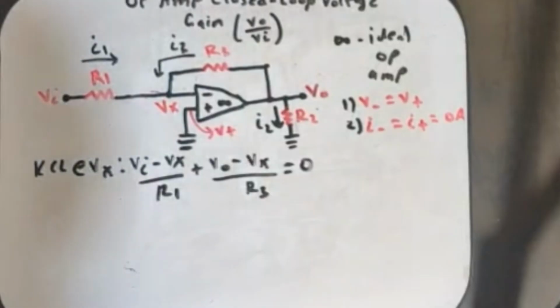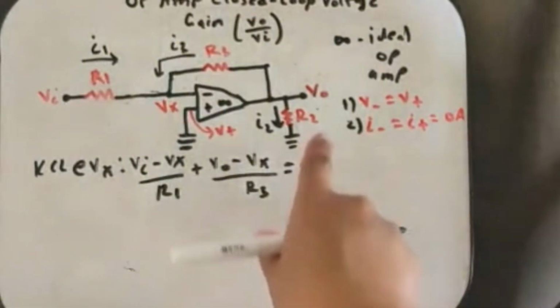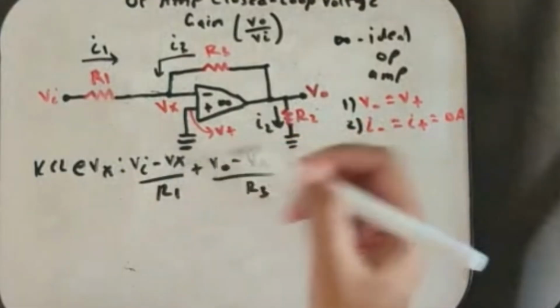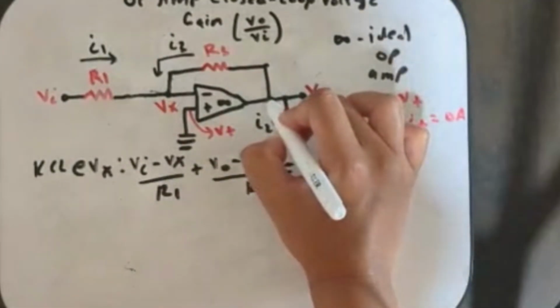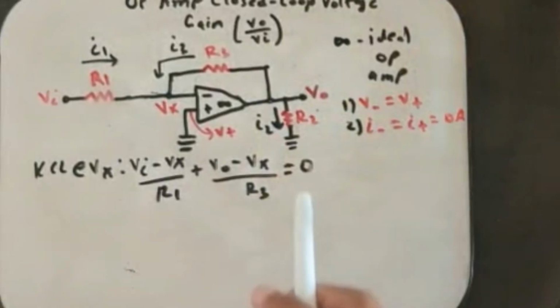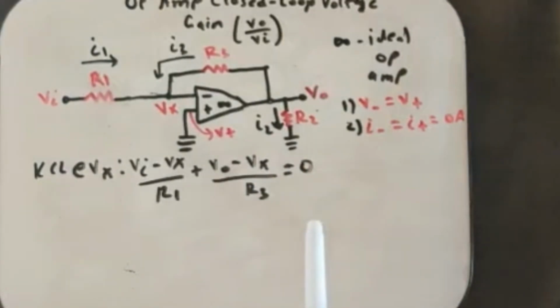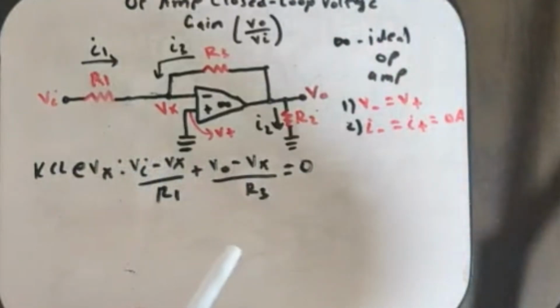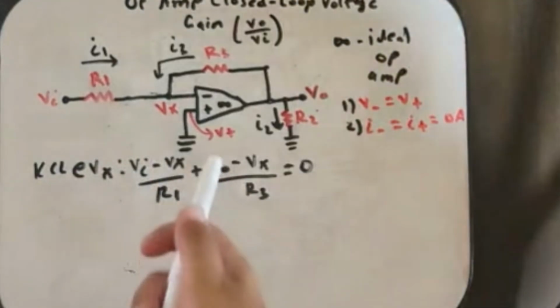And now the same thing happens. I made two dots here to symbolize the connection, but if you think that this resistor R2 is going to affect this, or that we have to consider it in any way, it doesn't, because it's not even connected to Vx in any way.